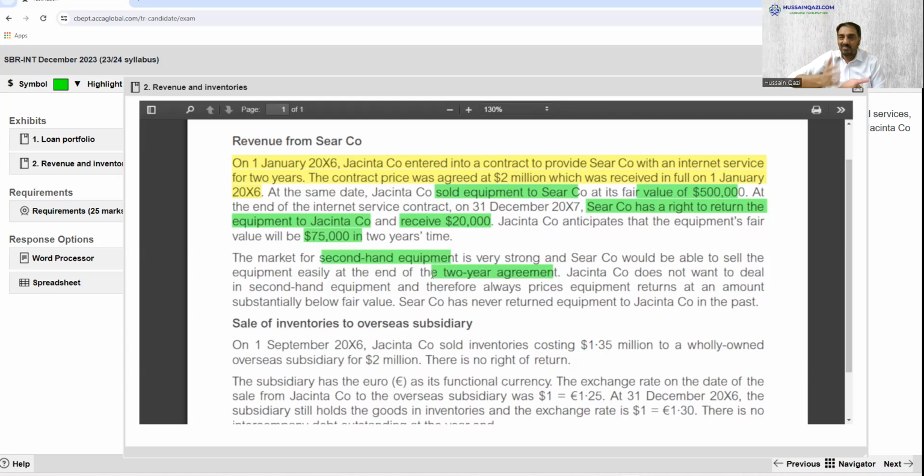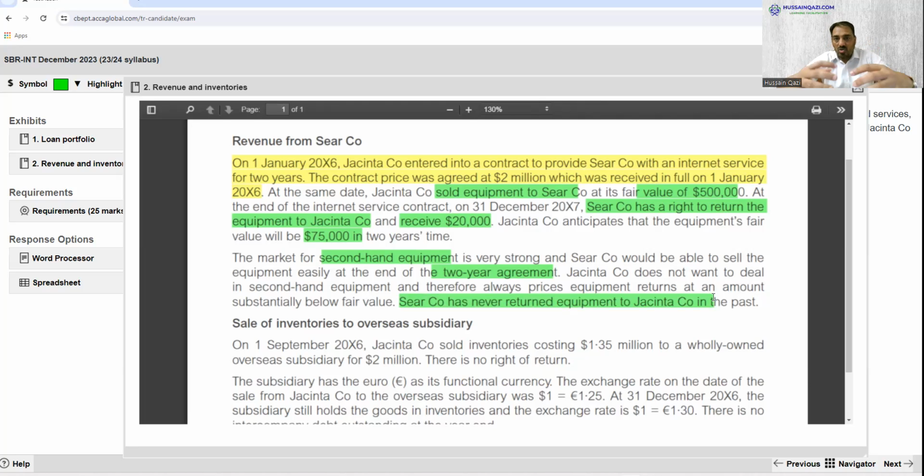Further, second point, with a second-hand value of 75,000 they will easily be able to sell the equipment to the market. Jacinta does not want to deal in second-hand equipment, and therefore always prices the equipment return at an amount substantially below the fair value. So they have a commitment to buy back for even less than 75,000. The buyer has never returned equipment to Jacinta.